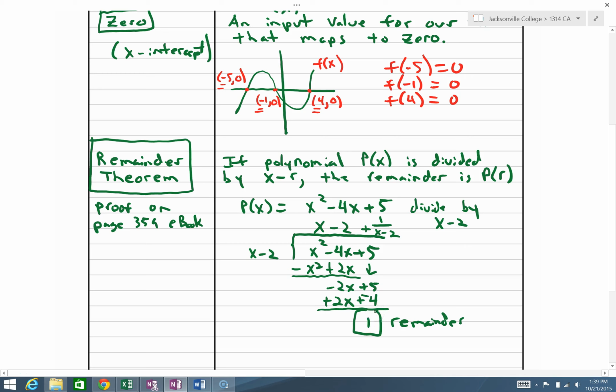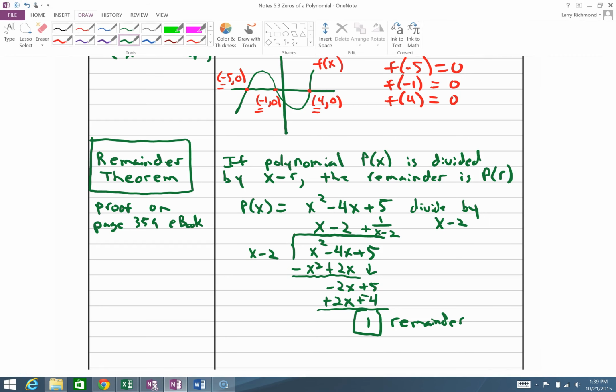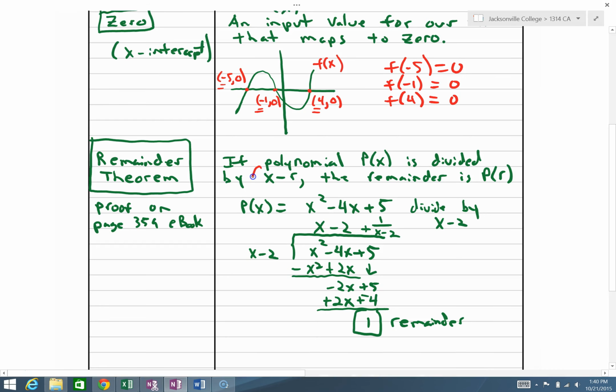Well, what my remainder theorem says, if I evaluate p of r, in this case, we're dividing by x minus r, where r is 2.